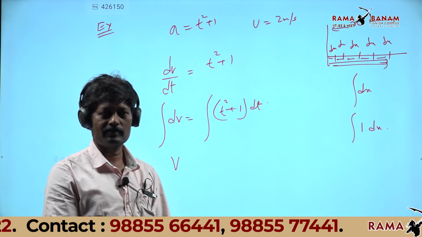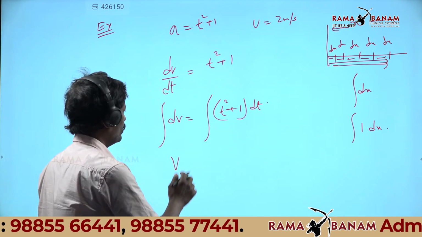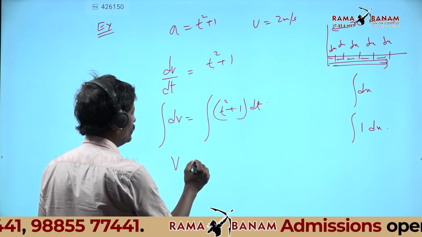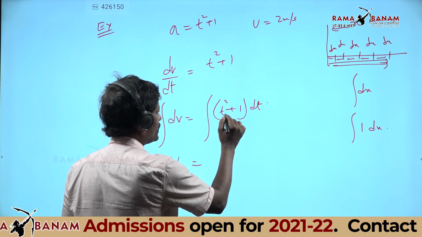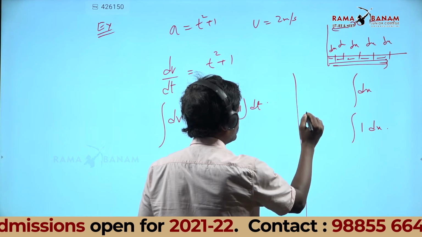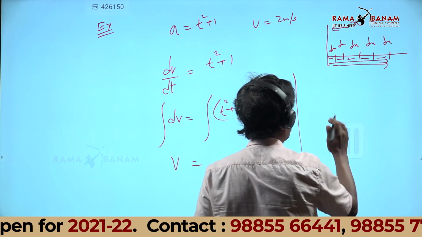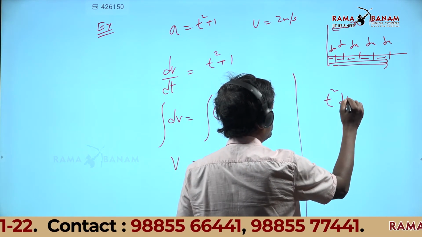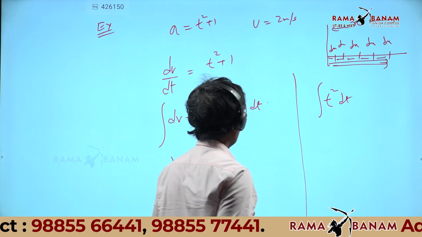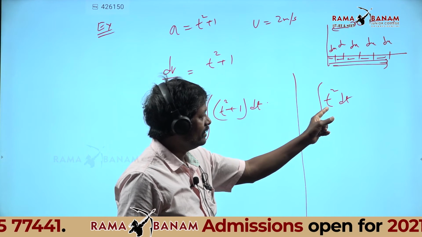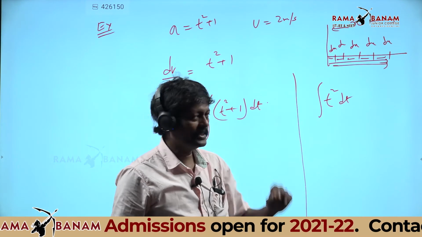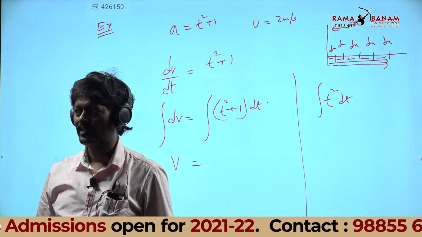Very important. Now come back here. v equal to integral of t square dt. What is t square? Length of the rectangle. What is dt? Width of the rectangle.